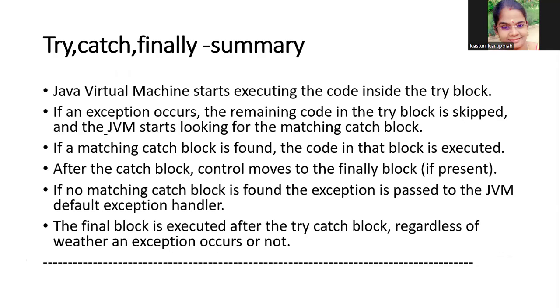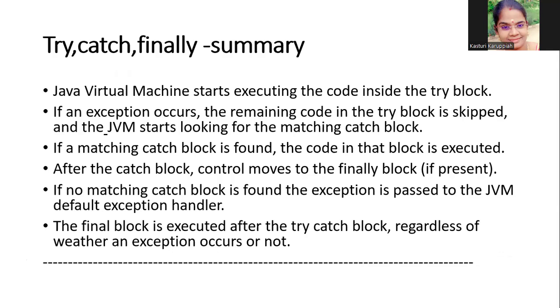If no matching catch block is found, what does the JVM do? The JVM will execute the default exception handler. It will display the default exception, but it will be an error. If there is no catch block, it will be a default error.